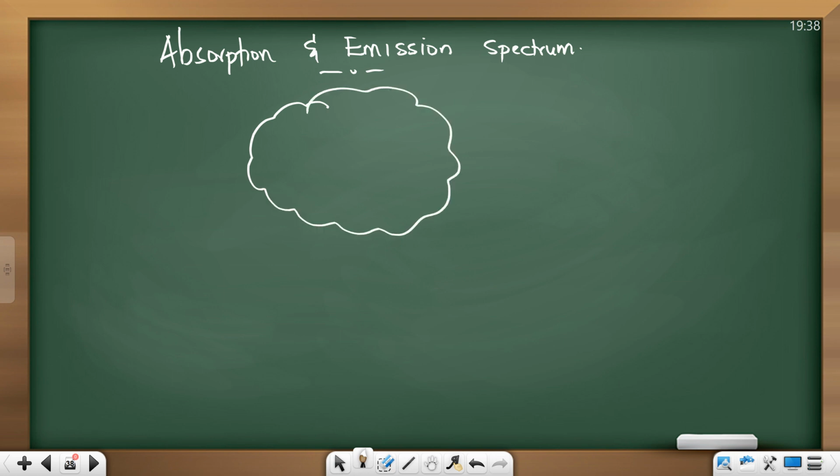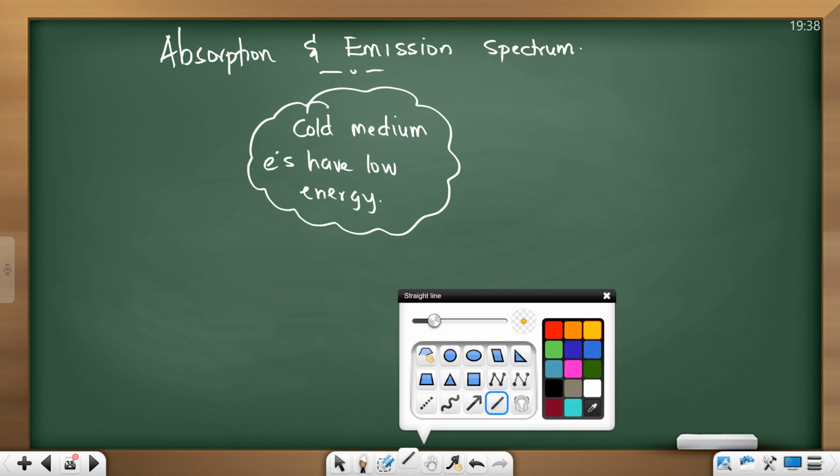Watch this. I have a cold medium. Okay, guys, I'm going to do a lot of explanation here, so you just need to follow through. I have a cold medium. What does a cold medium mean? Electrons have low energy. I am then going to pass light through this.